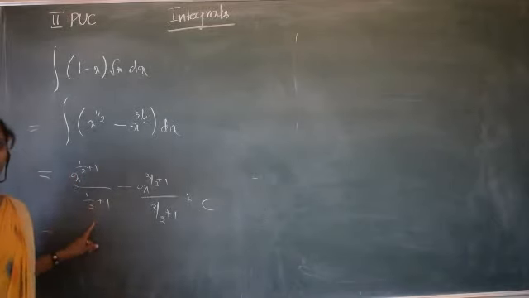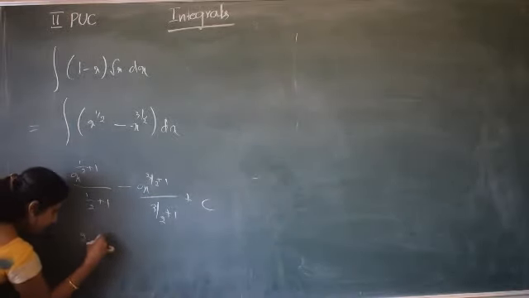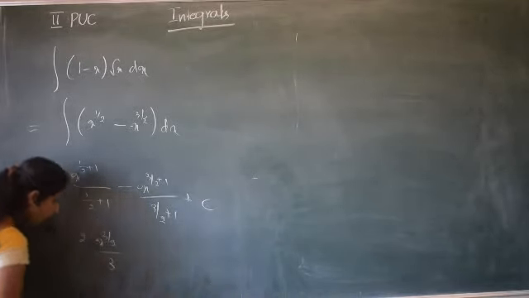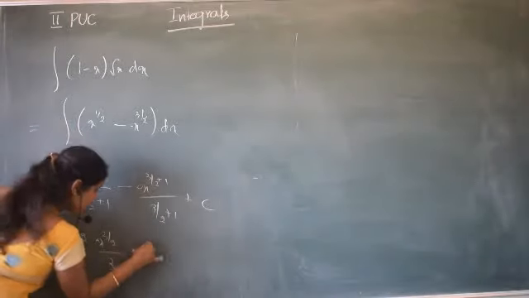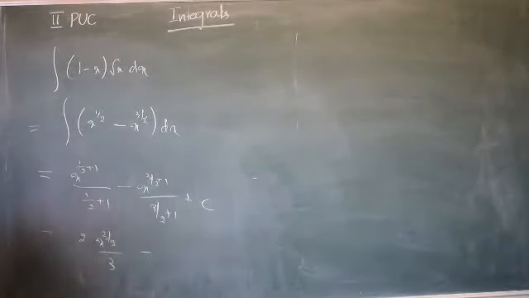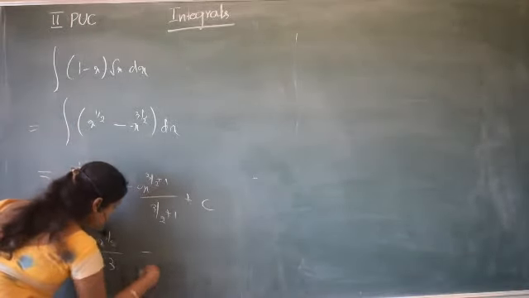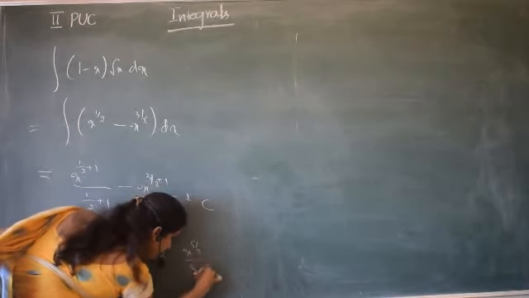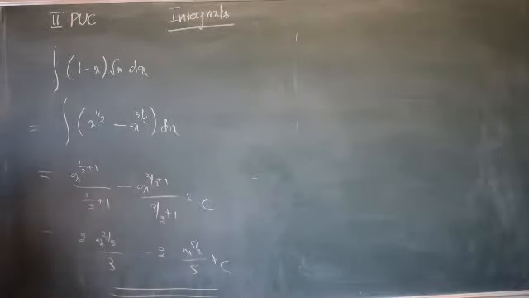So 3 by 2 goes to the numerator, so 2 into x to the power 3 by 2 by 3. Minus x to the power 3 by 2 plus 1 is x to the power 5 by 2 by 5 by 2, so again I'll take that 2 to the numerator, 2 x to the power 5 by 5, plus c. So this is the answer for that question.